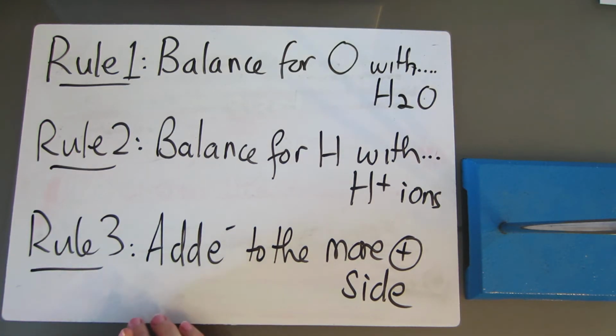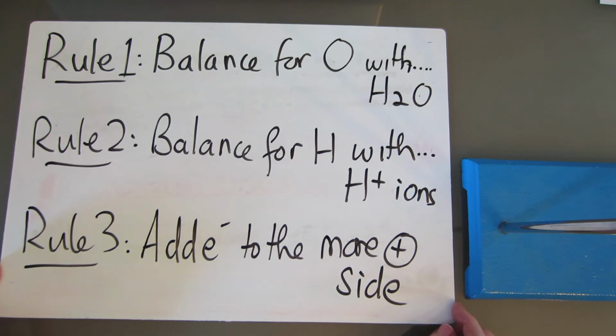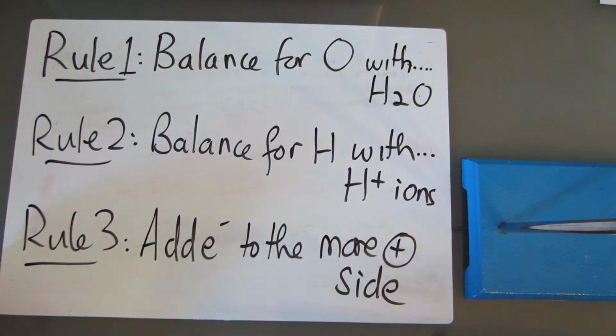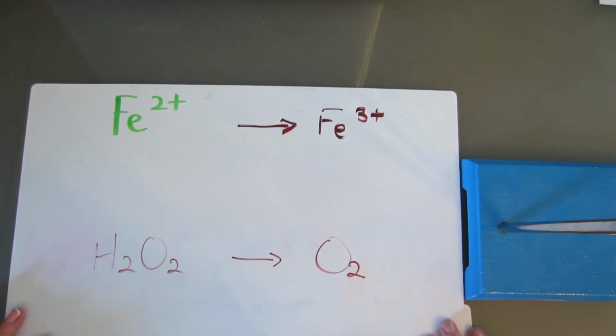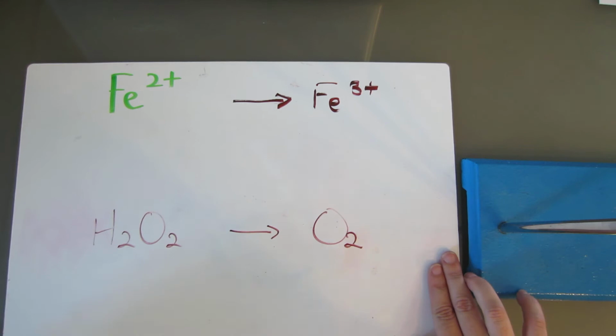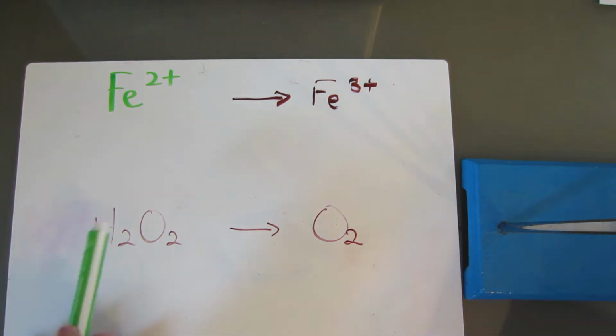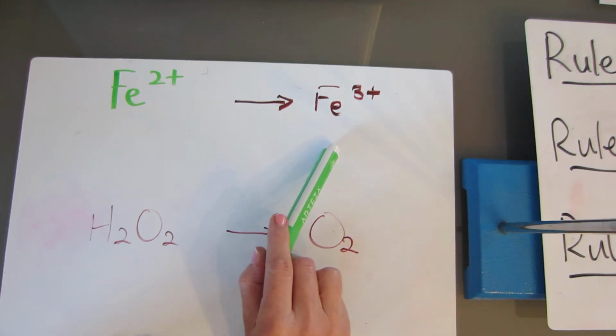So we're going to practice a few more redox half equations using these rules in a moment. Okay, so we're going to build them up. So remember these rules, very, very important. So let's have a look at the first one, Fe2 plus ions becoming Fe3 plus ions.